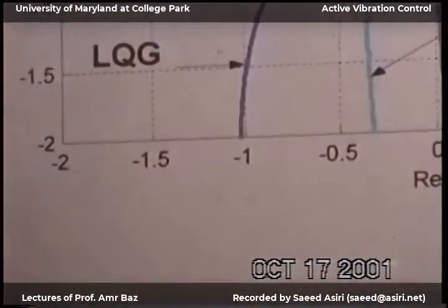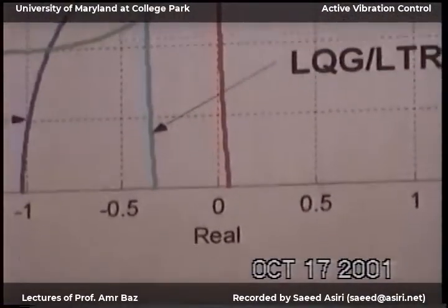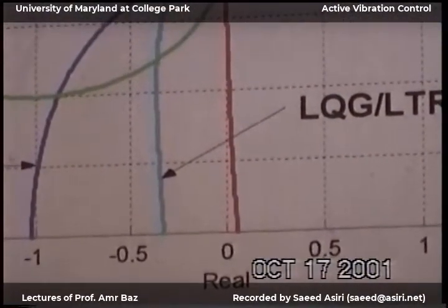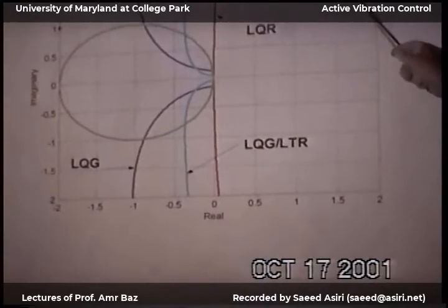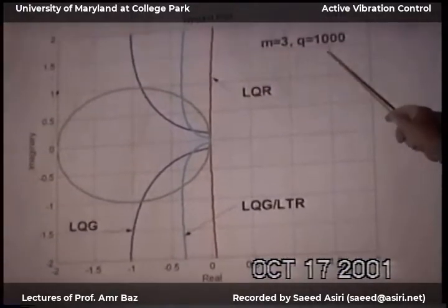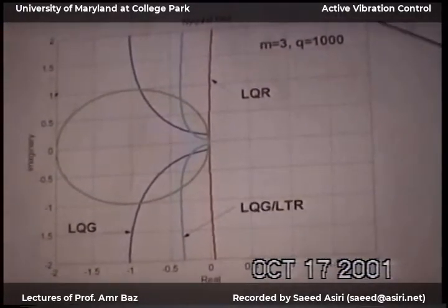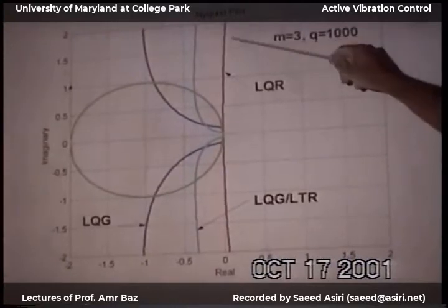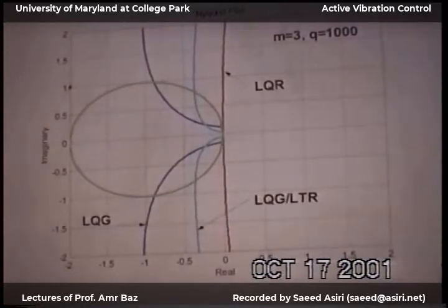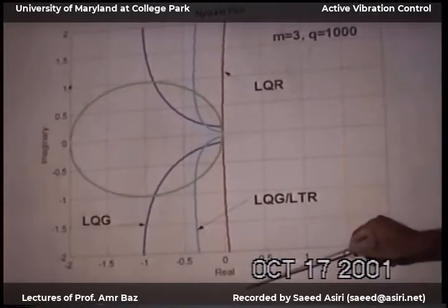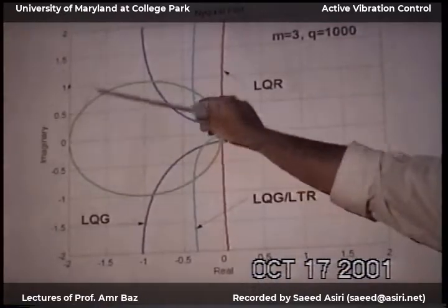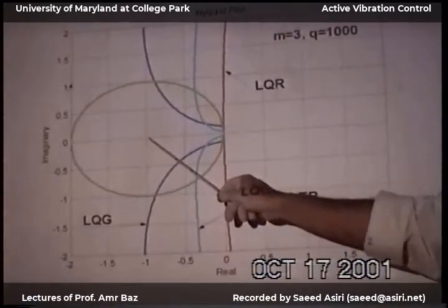Now in the diagrams that you have a couple cases. When Q is a relatively small number, the LQR is the red line, which is away from the -1 circle.